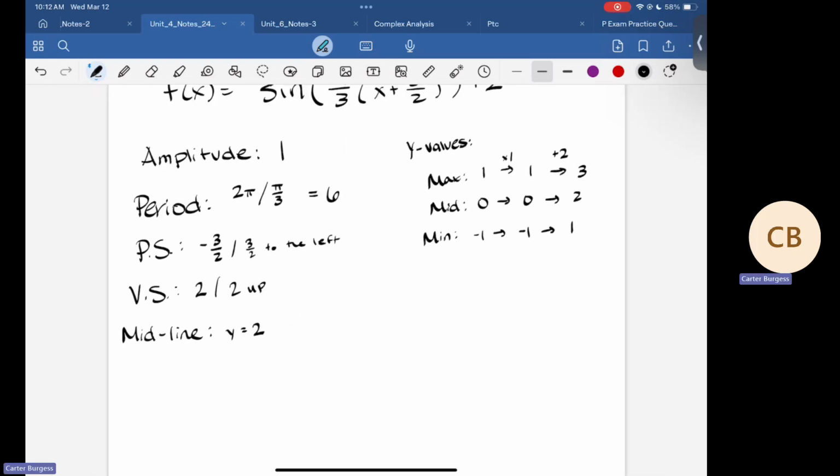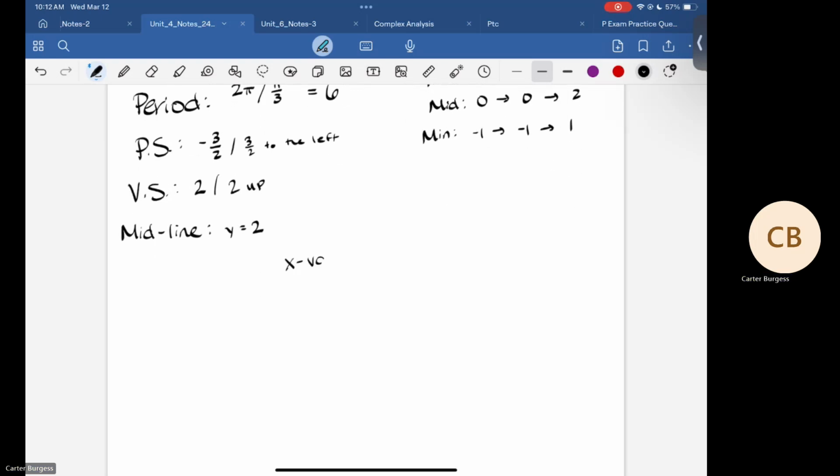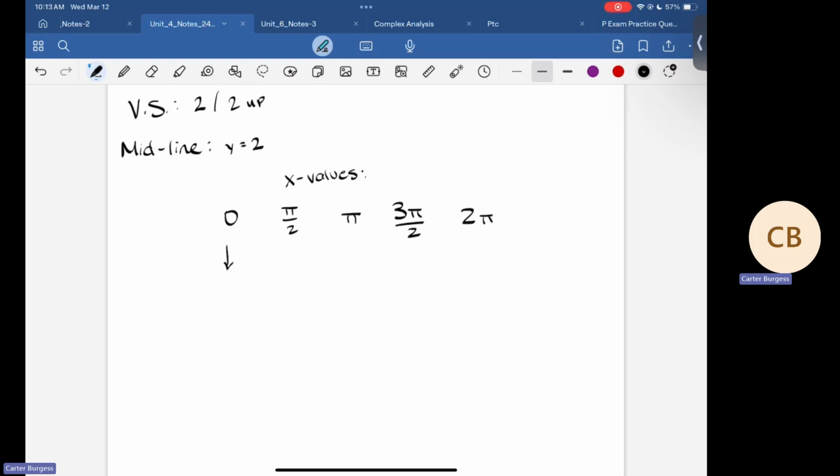Okay. Let's take a look then at my x values. Normally this is 0, pi over 2, pi, 3 pi over 2, and 2 pi. What is the first change that we apply?